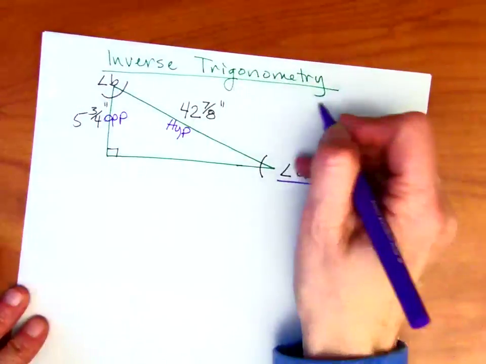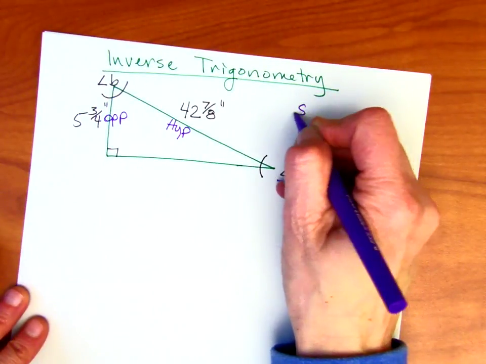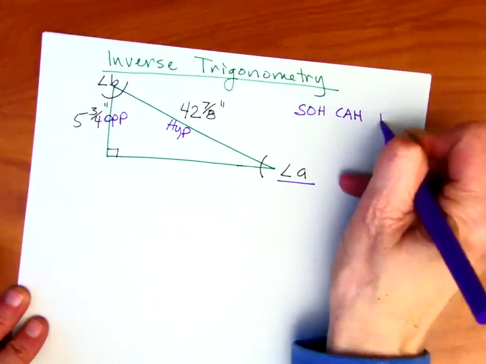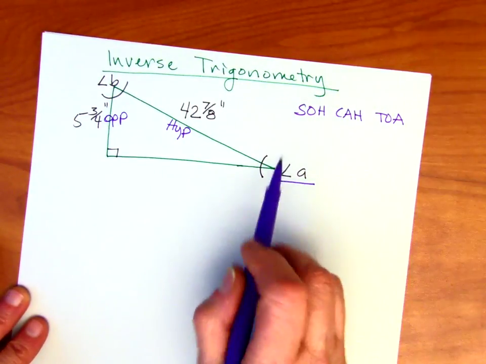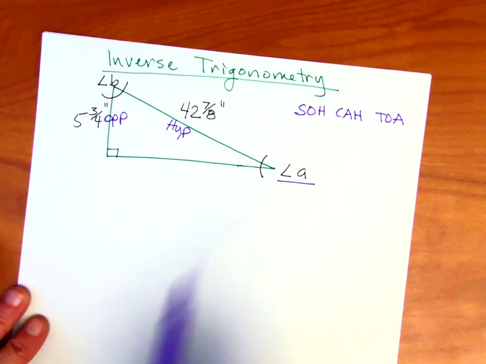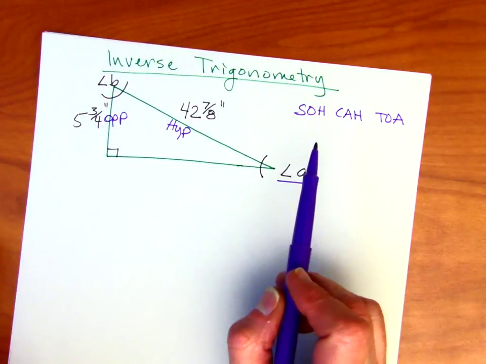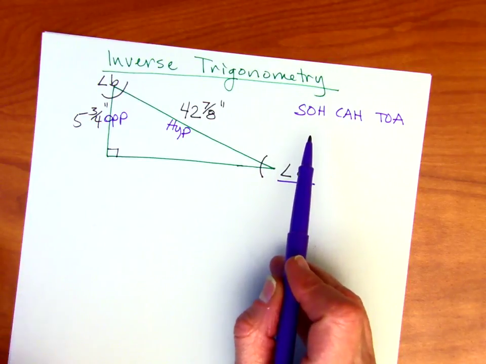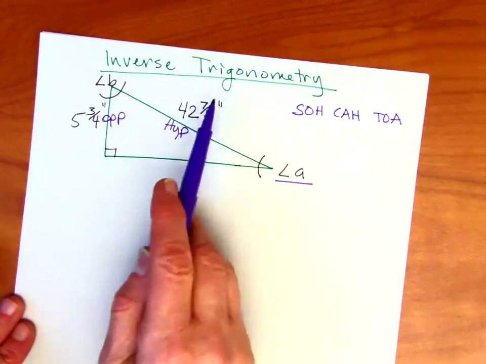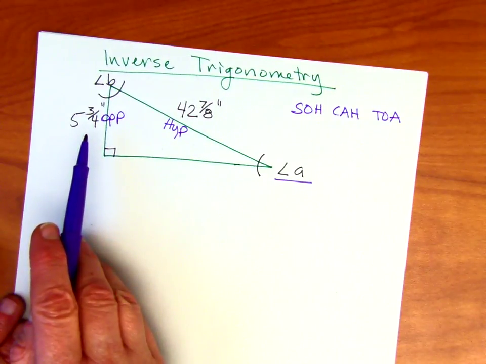Now I'm going to go ahead and write my functions, so, SOH CAH TOA, and again that represents sine, cosine, and tangent. And we're going to use these functions similar to how we used them just doing regular old trigonometry when we were solving for a side.